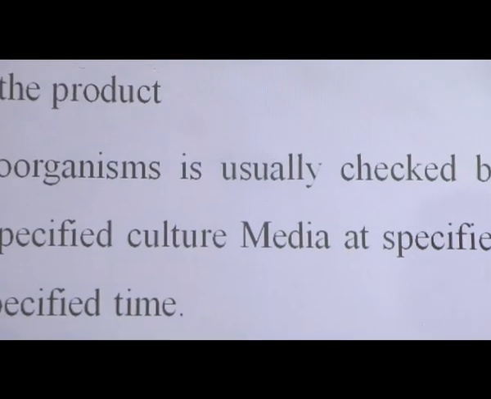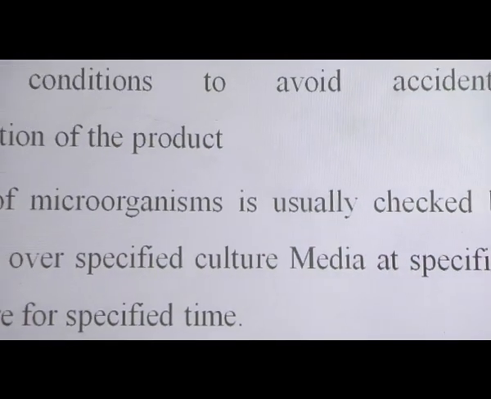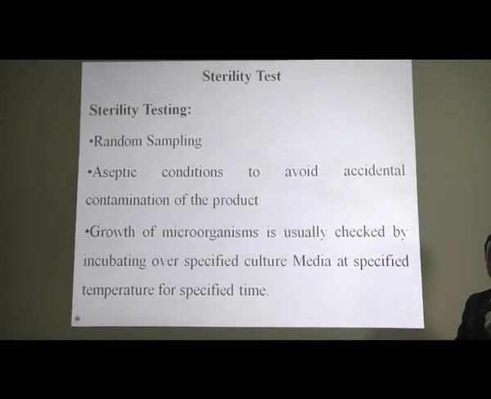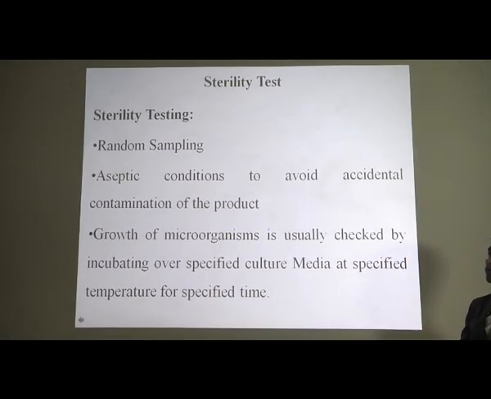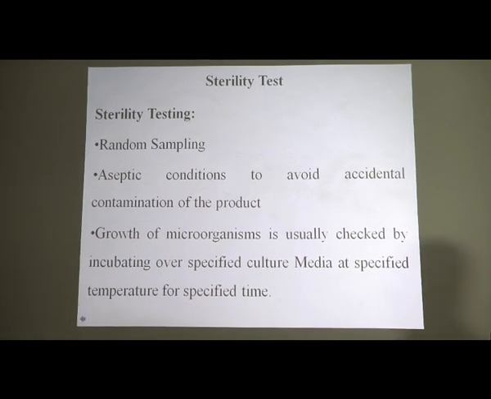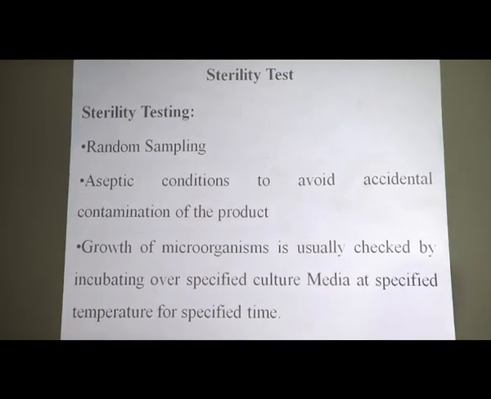Before studying any evaluation parameters, we have to consider the importance of the sterility study. The sterility study is used to determine the presence of microorganisms in the formulations. This is the procedure for sterility testing.